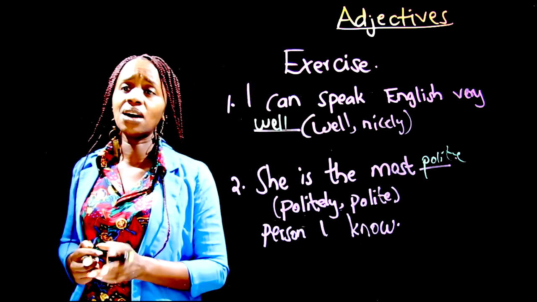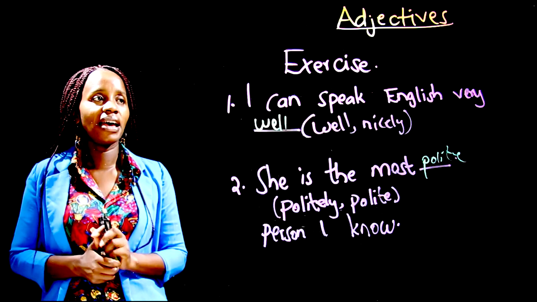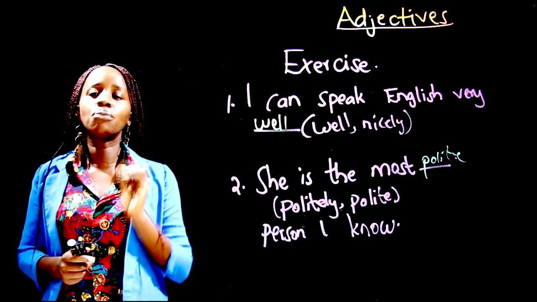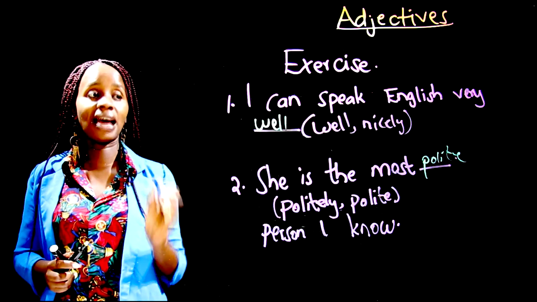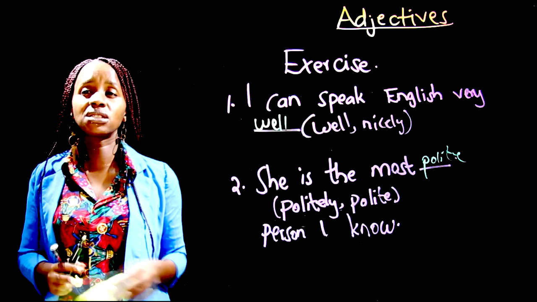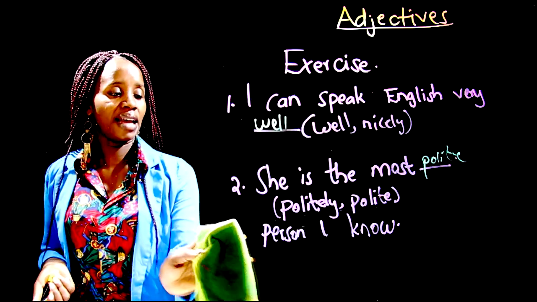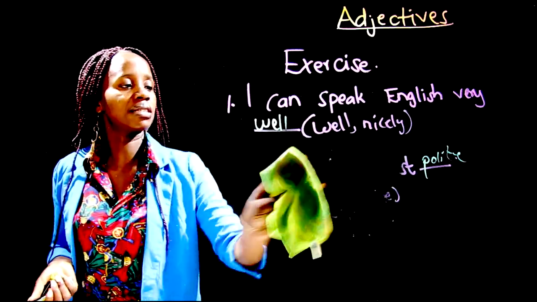Okay. So my dear one, I'm sure we've done synonyms. And also, when you're using adjectives, you need to know the most appropriate adjective to use when you're describing an item. For example, just allow me to erase this.